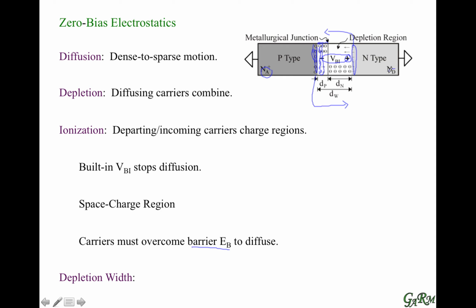Similarly, on the N side of the material, if we have higher doping concentration, we have lots of electrons, and that side also becomes more difficult to deplete. So then we see that the depletion width in the N side becomes narrower. So the overall depletion width, which is the depletion width into the P side plus the depletion width into the N side, actually decreases with higher acceptor impurity atom concentration and higher donor impurity atom concentration.